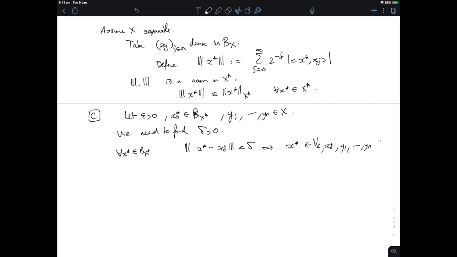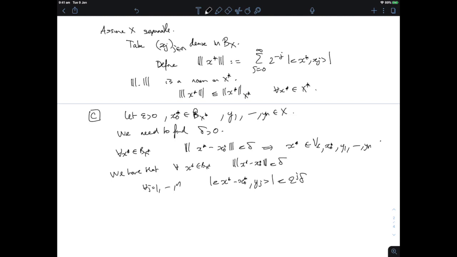Now what do we have? We have that for every j equal 1 to n, so if we are in that ball, so for every X star in B_X star such that this triple norm is small, delta to be determined later, we have that for every j, X star minus X naught star tested on x_j has to be smaller than 2^j delta, right?